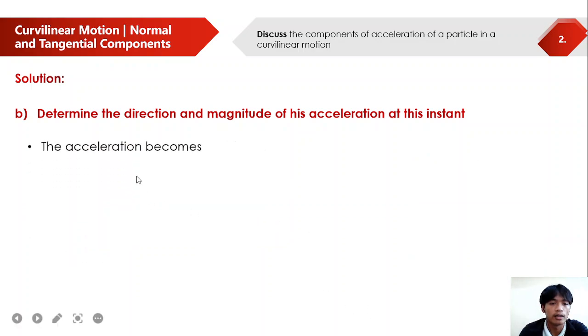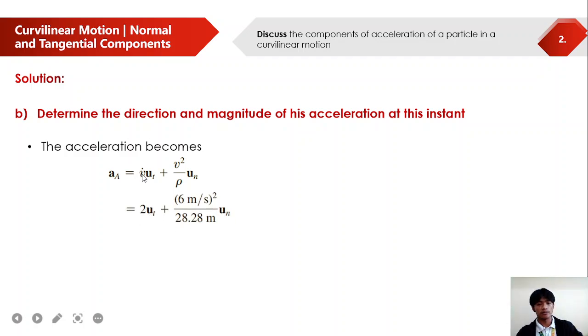So therefore, the acceleration at point A will be equal now to 2, since our first derivative of the velocity is given. It is given that the velocity is increasing at 2 meters per second squared.